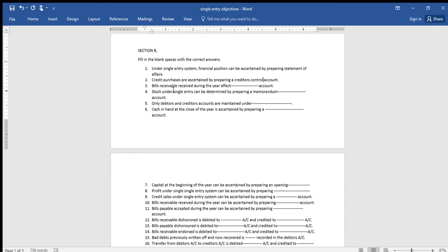So it affects the bills receivables account, also known as the debtors control account.